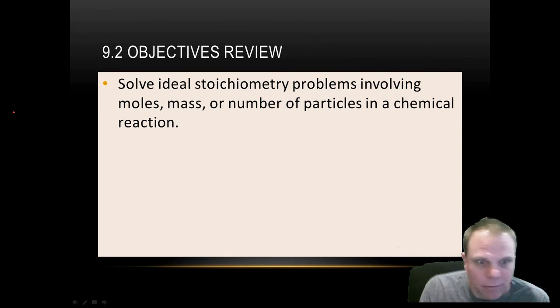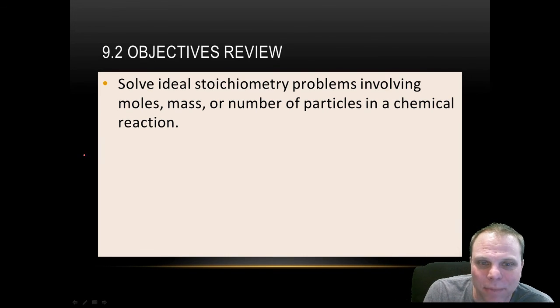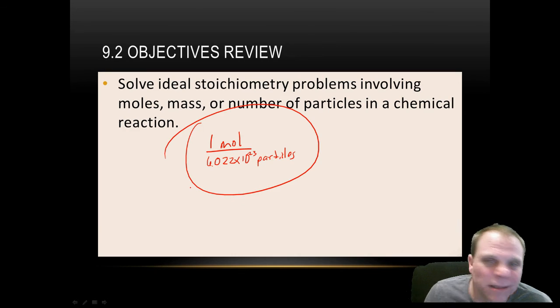If I were at moles, then I could do a mole conversion to my number of particles. Remember, for every 1 mole you have 6.022 times 10 to the 23rd particles. So if I needed to go to the particles, I just need to add that step in.